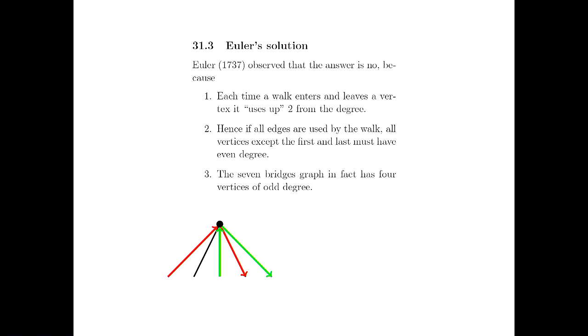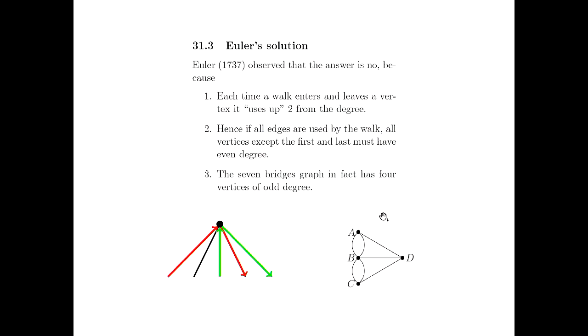It can only be the first vertex or the last vertex. It can't be anything else if we're trying to do this special kind of trail that uses every edge. And spoiler, we're going to call that an Euler trail. So if a graph has an Euler trail, then a vertex of odd degree must be the start or the end vertex of that Euler trail.